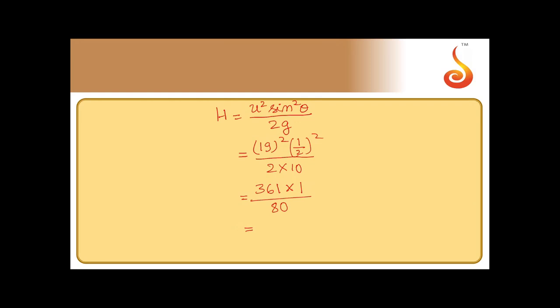So 361 by 80. So just simplify this. You will get 4.5125 meters.